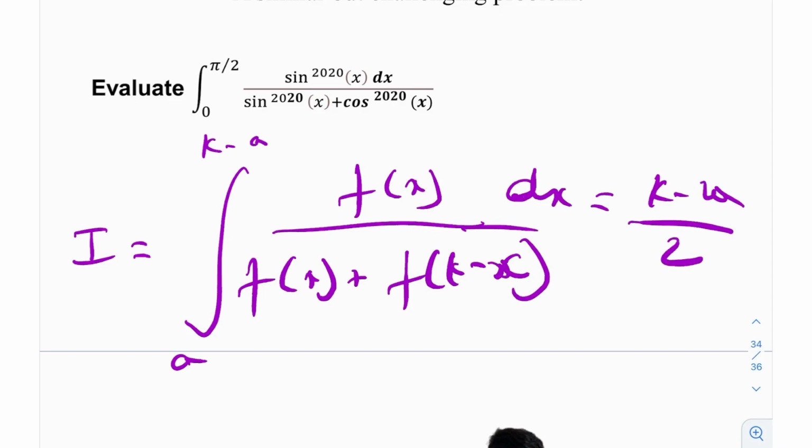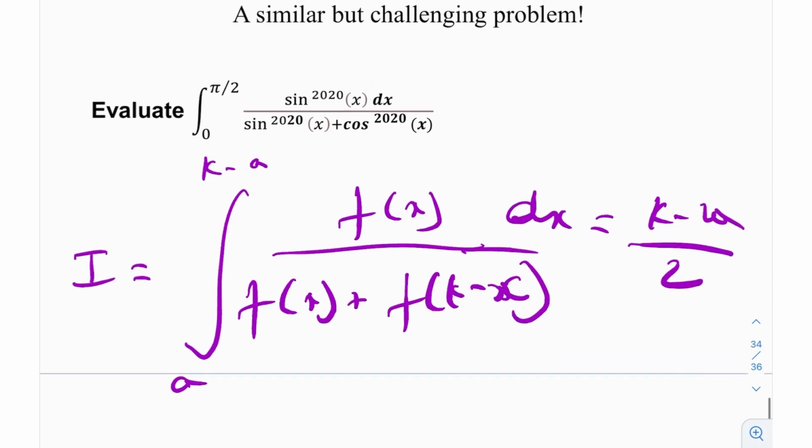Essentially, this is a general framework that we need to remember: the integrand may be of this form, with a certain given function f of x. And this is what you need to exploit. To solve this integral, you just have to do the u substitution k minus x. And then after that, it's just addition, and it's pretty easy to find the value.